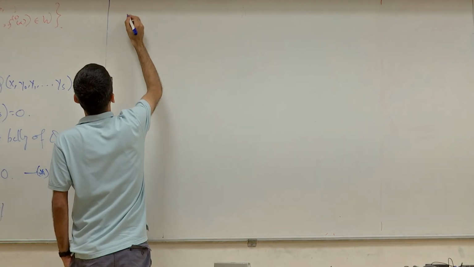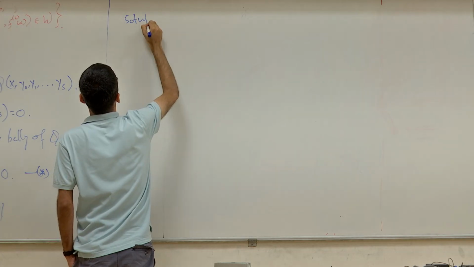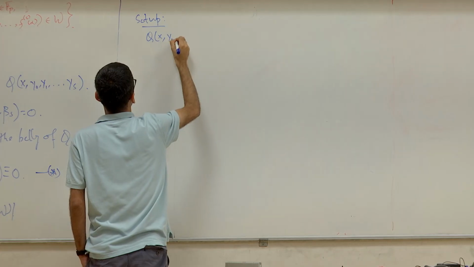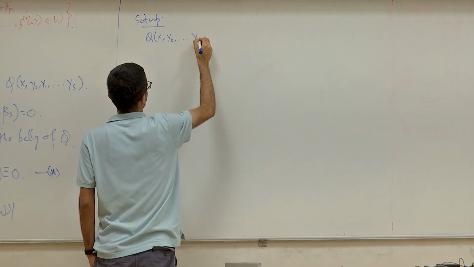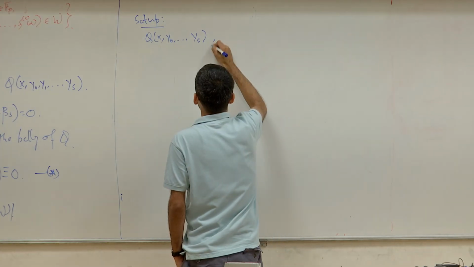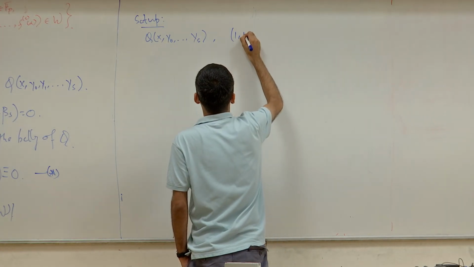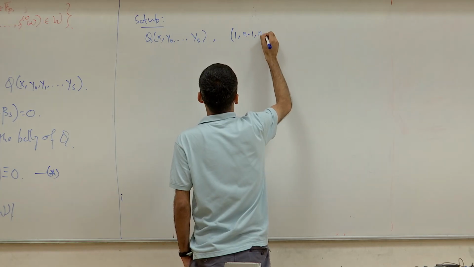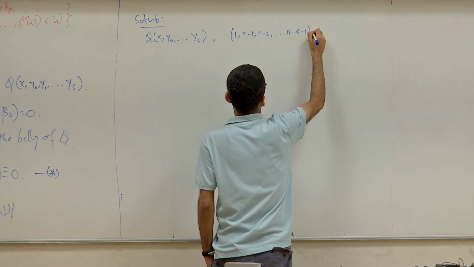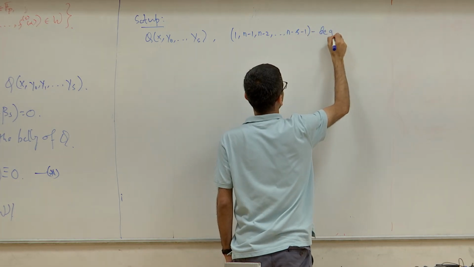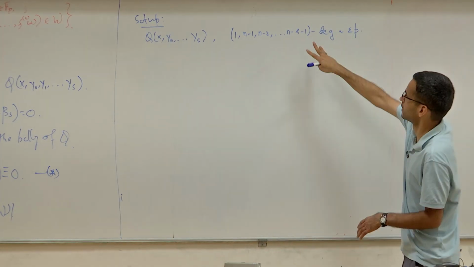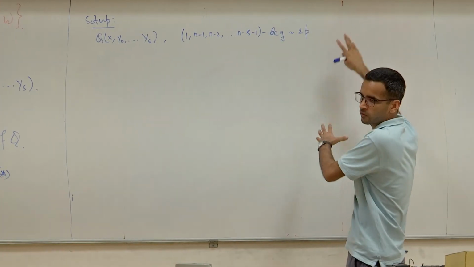So what is the setup now? So the setup is we have a Q of x, y, z. So x, y naught up to y, s. And its weighted degree, with weights 1, n minus 1, n minus 2, up to n minus s minus 1, is like epsilon p. This is a succinct way of writing what we just did.